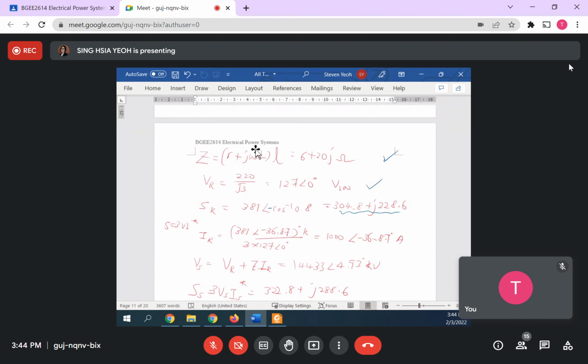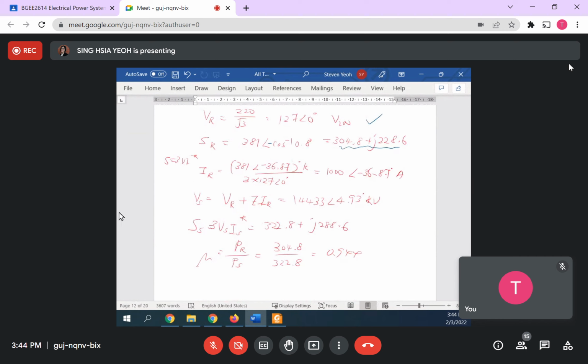Then for IR, the receiving current, the conjugate also becomes positive here. Then substitute the value in. Because the IR sign changes, you get 121.39 angle 9.29 degree.